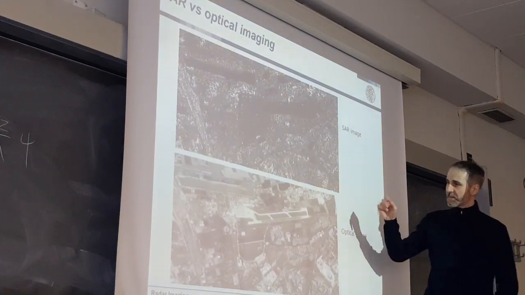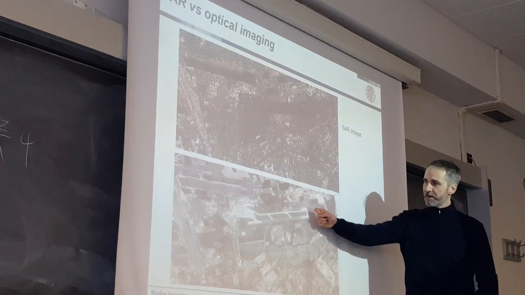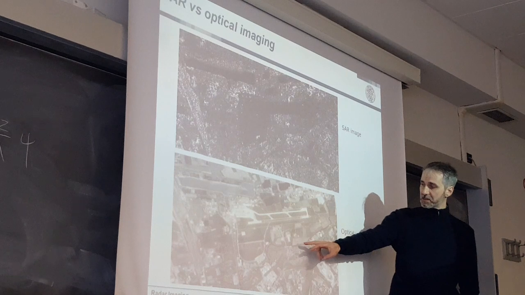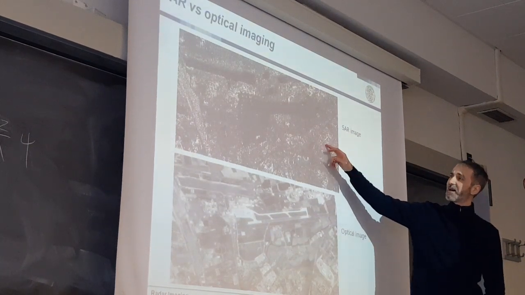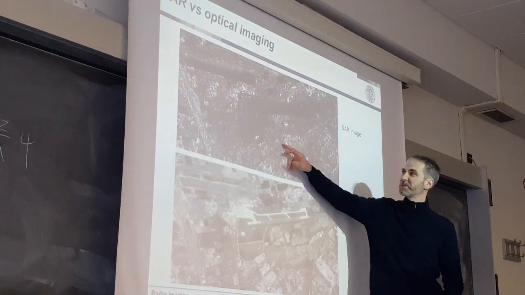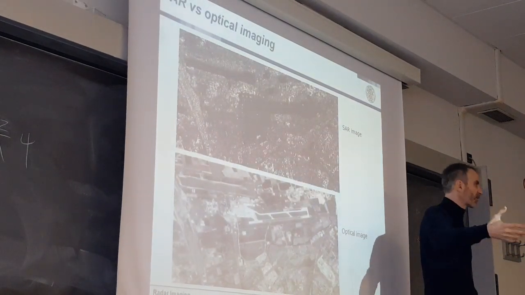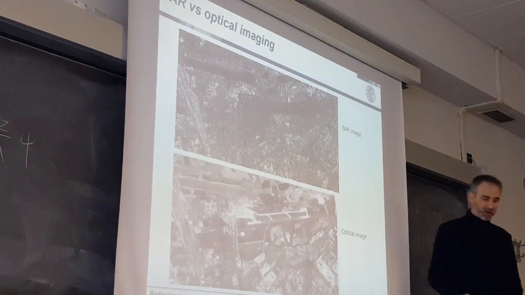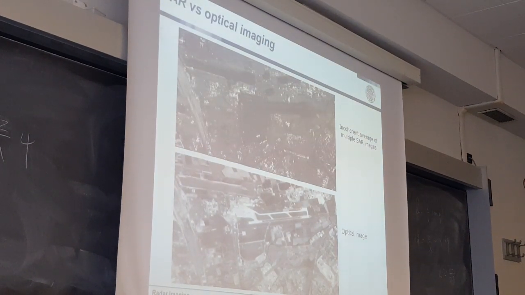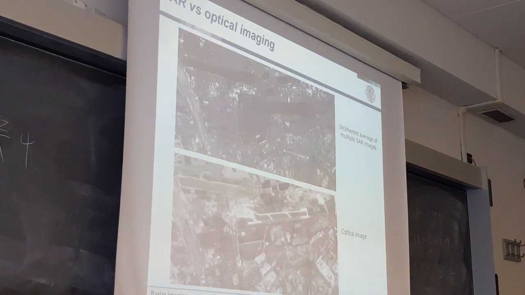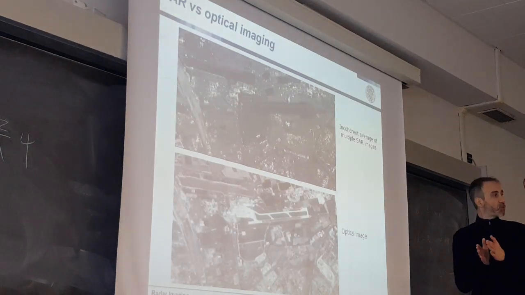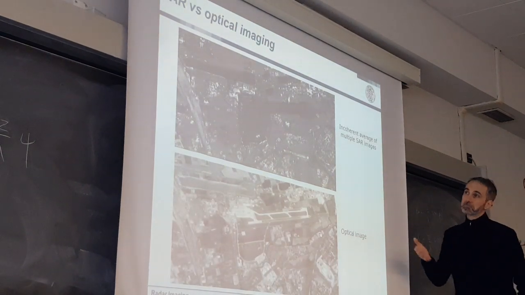Another very nice example is this one. This is an optical image of the Linate airport. So you see this very clearly. This is a radar image, which is not as good. Here you have a lot of speckle. How do you reduce this speckle? Well, in this case, this was reduced by averaging the absolute value of multiple SAR images.